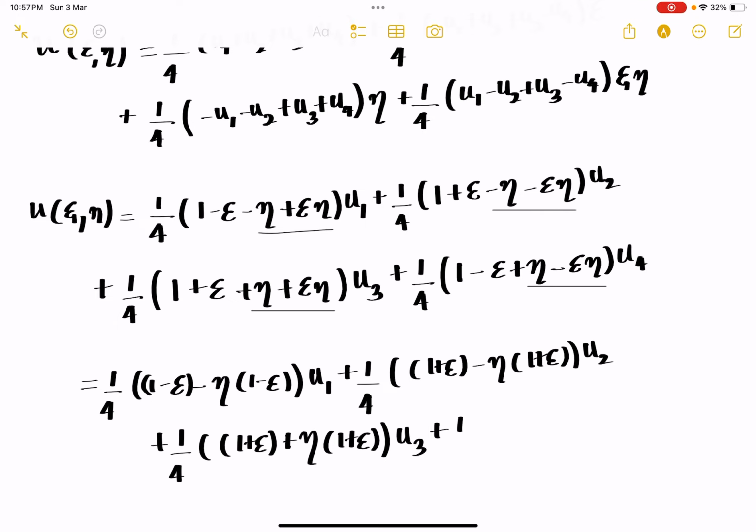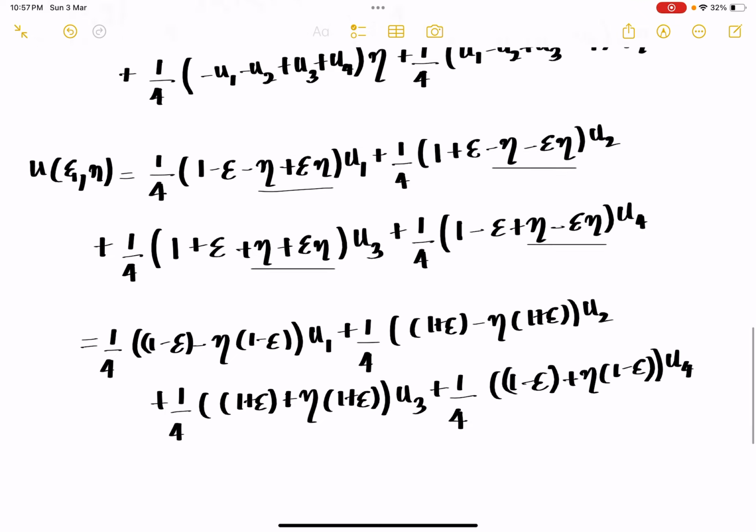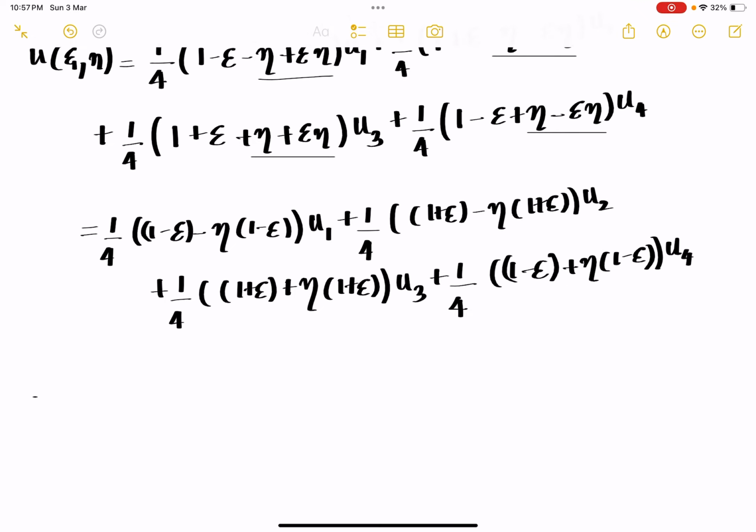And for the last term, I can actually put a bracket like this. I can take the eta term outside. It's 1 minus epsilon into u4. Now the last step, u of epsilon comma eta is equal to 1 by 4.